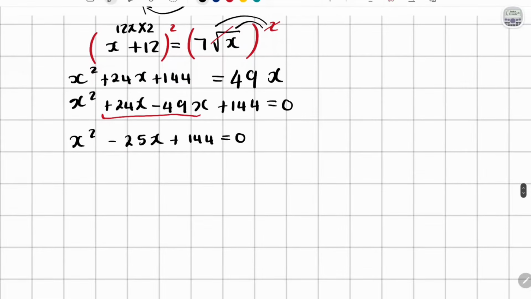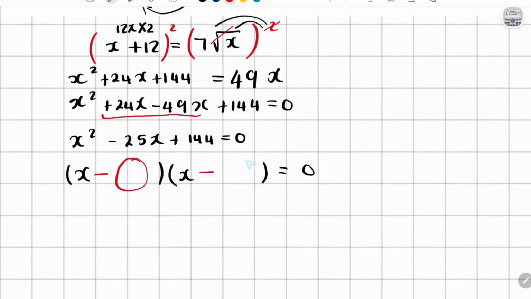Then we have to factorize this. So we can go ahead and open up two brackets. You can use the quadratic formula method to factorize this. So I'm going to put down x, and then 144. I need factors of 144 that can give me negative 25. But you have to remember that the middle term is the only negative one. When the last term is positive and the middle term is negative, it means you're going to have a negative and a negative here, because that's the only other way that you can get a positive here.